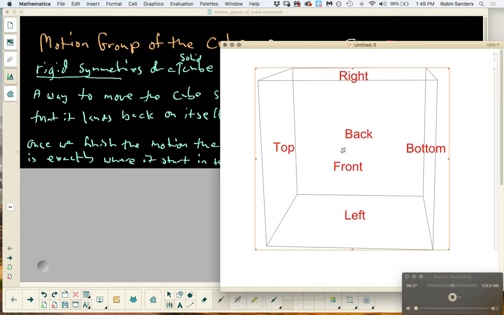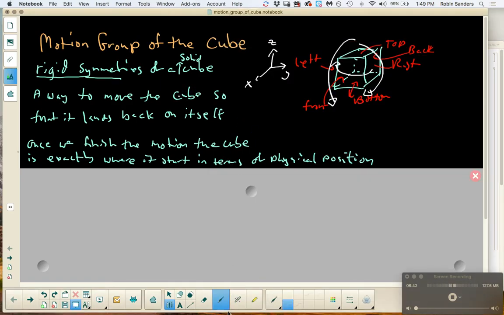So no matter which of the 6 sides I choose to put on top, we get 4 rotations that are also rigid symmetries of the cube. So what that means is that we now have the following basic idea.